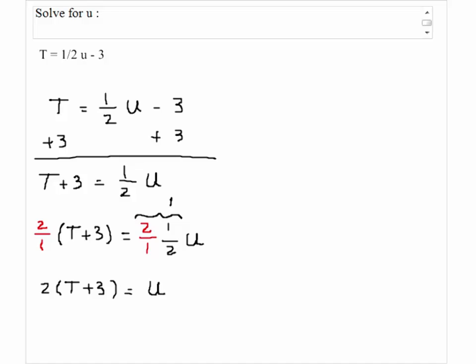And I isolated the u, so u is equal to 2 times t plus 3. Well, I can distribute this, I get u equals 2t plus 6.